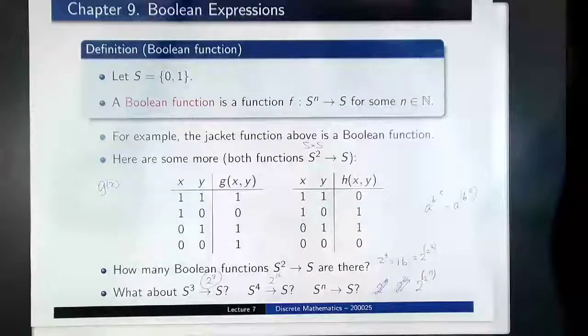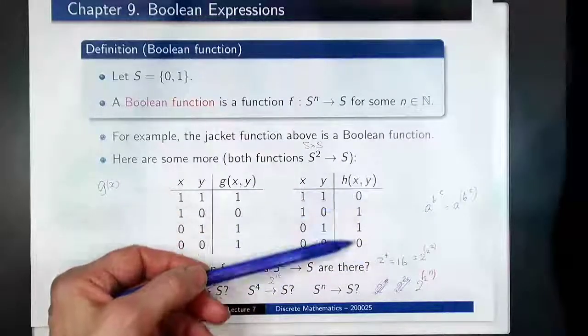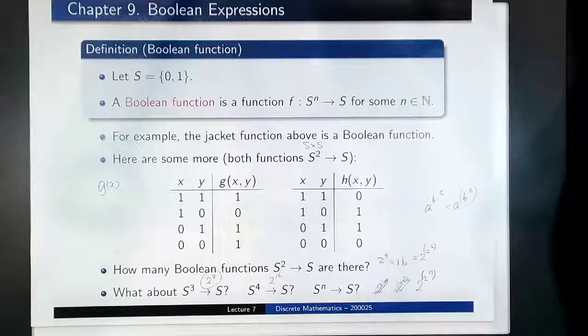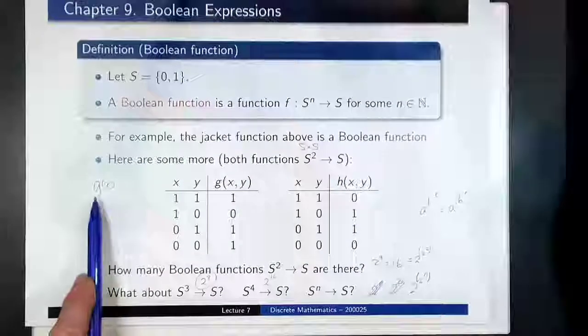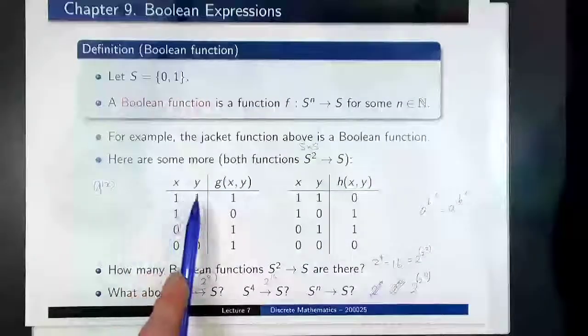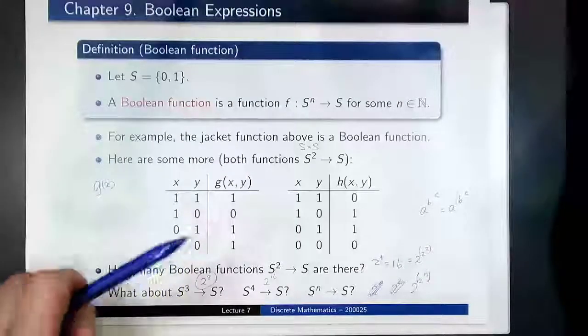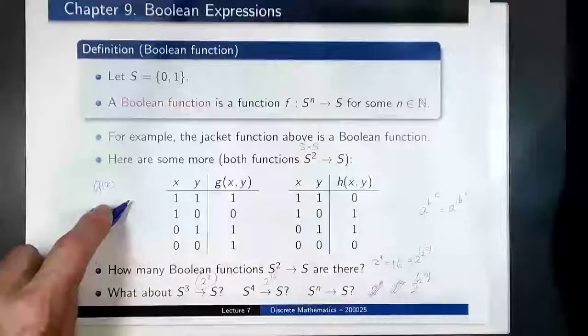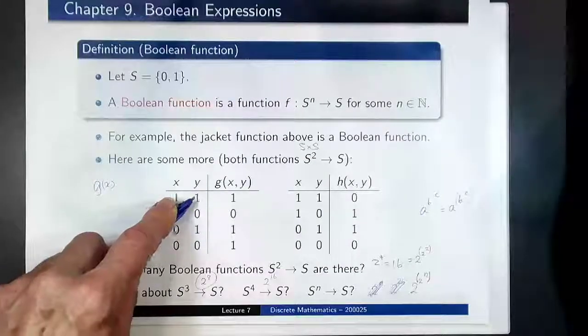And if you think about the tables, it was 2 to the power of the number of rows in the table. So how many rows if you've got n things here? Well, if you've got n things here, then you've got 2 possibilities there, 2 possibilities there, 2 possibilities there, 2 possibilities there.